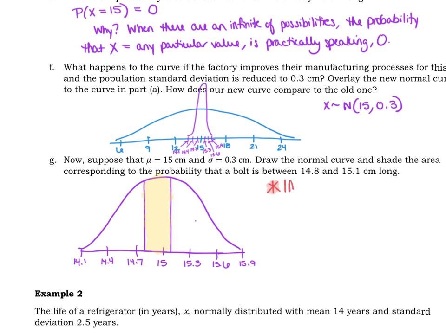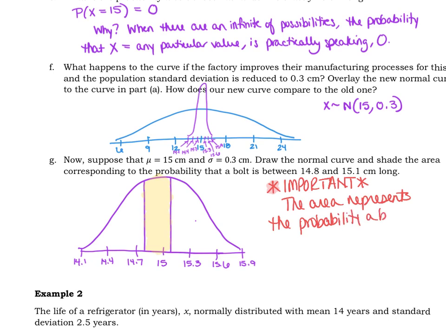Here is one of the most important concepts for this entire unit. Okay, the area represents the probability a bolt is between 14.8 and 15.1 centimeters.